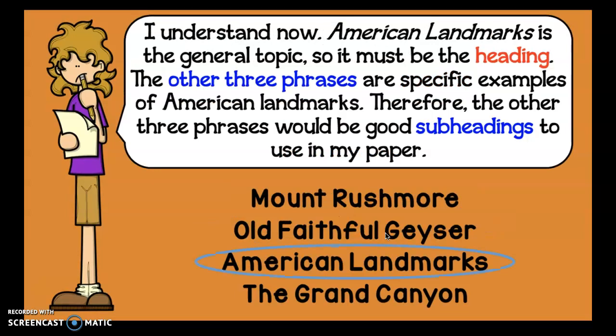American Landmarks is the general topic, so it must be the heading. The other three phrases are specific examples of American landmarks. Therefore, the other three phrases would be good subheadings to use in my paper because the Grand Canyon, the Old Faithful Geyser, and Mount Rushmore are all American landmarks.